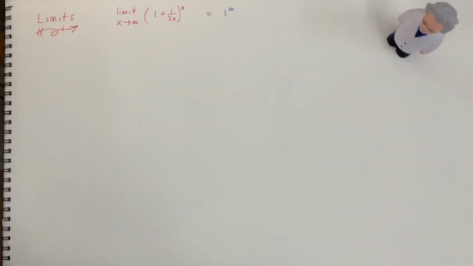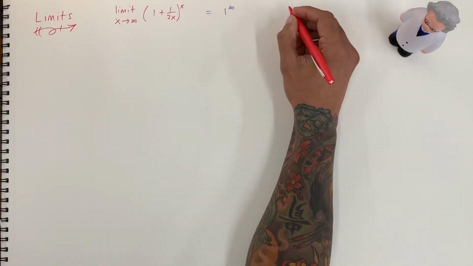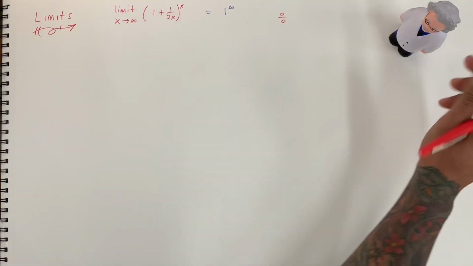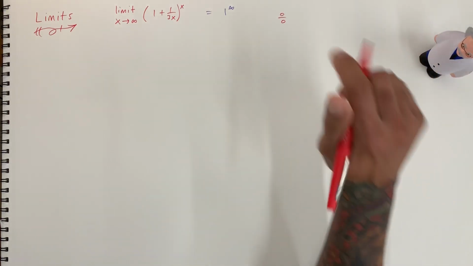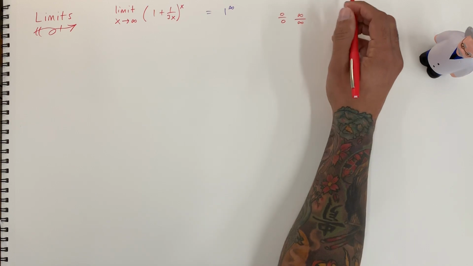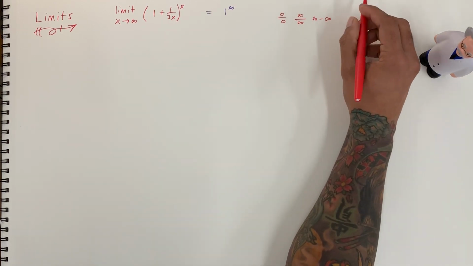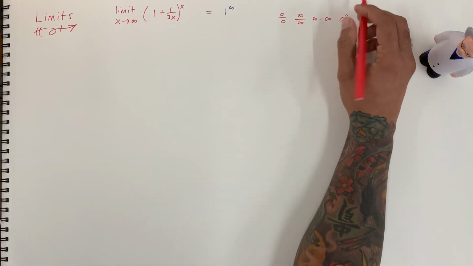If you don't recognize that, then I'm going to write here the 7 indeterminate forms that you need to look out for whenever you first plug in, or whenever you do L'Hopital's rule, however you like to pronounce that name.